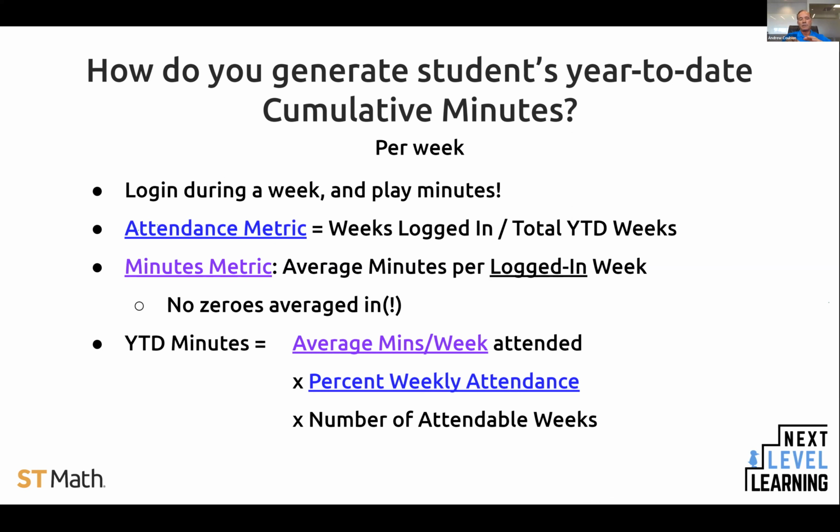So those bottom 2 add up to how many weeks did they log in, and then the next one up, the average minutes per week, is how many minutes per week times weeks they logged into. So hopefully that makes sense. It's unpacking just this 1 minutes number into components.